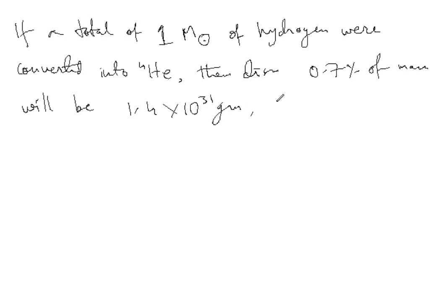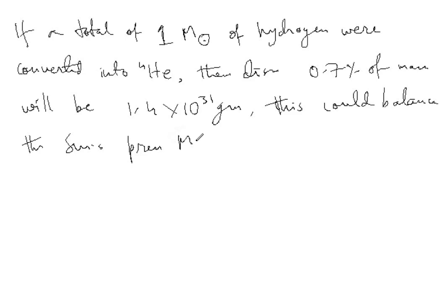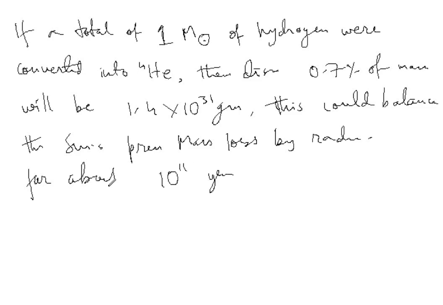And this, you will see, this is amazing, this could balance the sun's present mass loss by radiation for about 10 to the power 11 years. Okay, you can do this yourself and check.